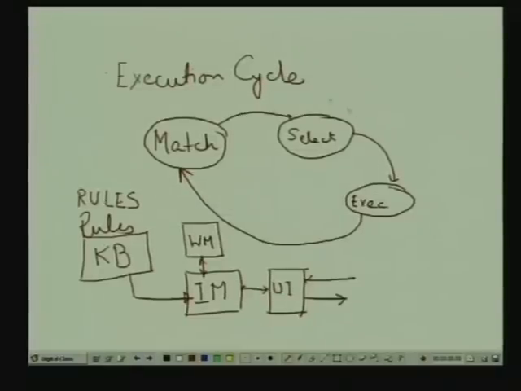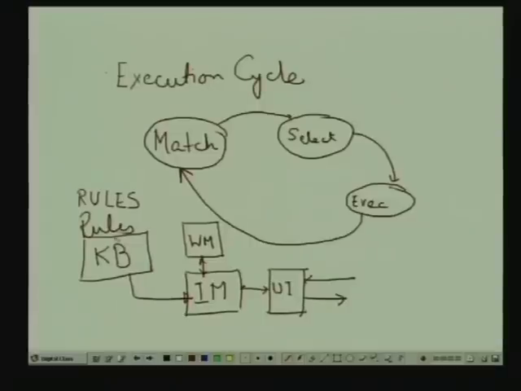Now, if we look at this cycle, let us again see what is done in the match phase. The inference mechanism looks at the data for the current problem from the working memory and tries to match them with the contents of the knowledge base to see which rules are enabled to be fired.